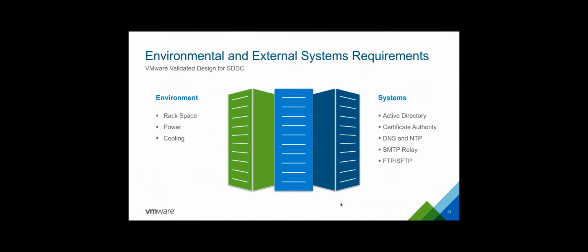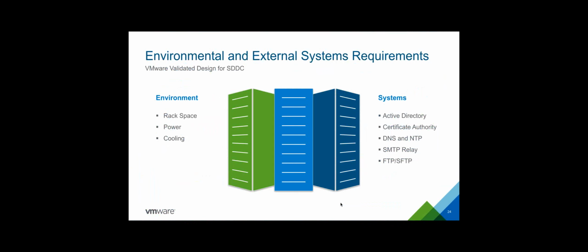As we're reading through the documentation for the 3.x design, the external system requirements are pretty minimal. Obviously, we want to have the right environmental systems and external systems. So the environment being like, do I have rack space to put this architecture into place in my data center or my colo?